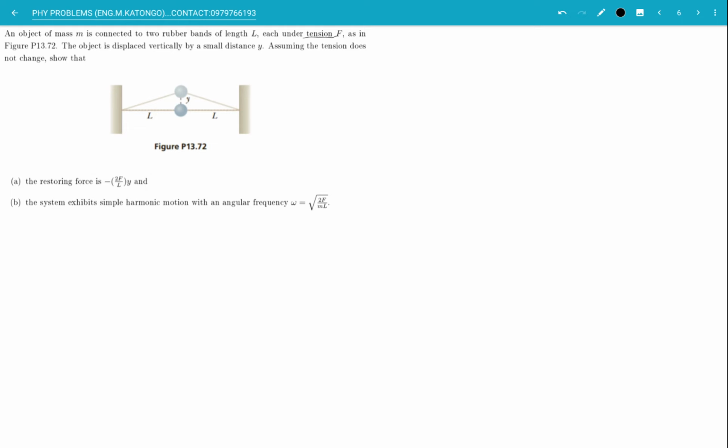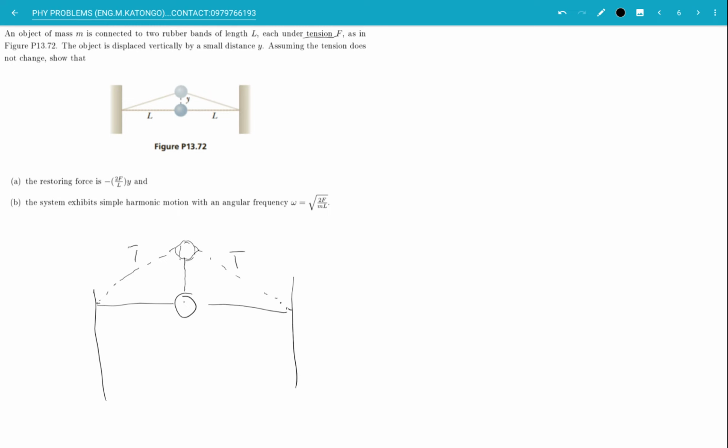So, we are told that this mass has been displaced vertically from its original position to a final position, which is here. Due to the displacement of this ball, it will create some tension in the string.